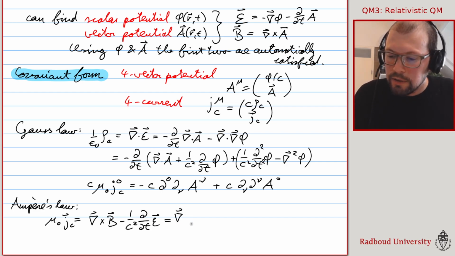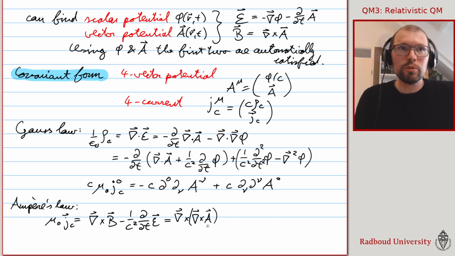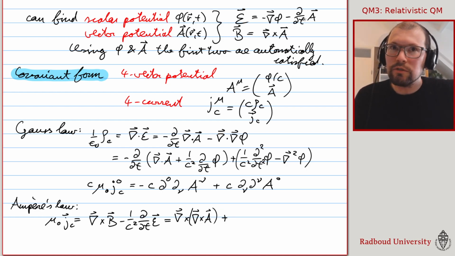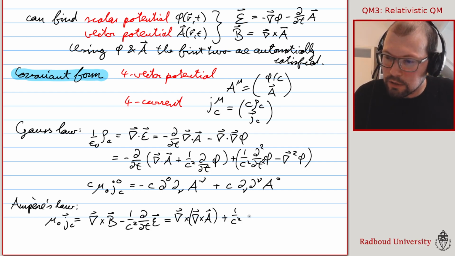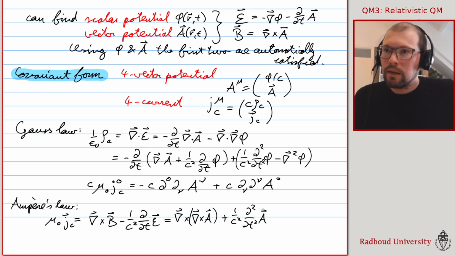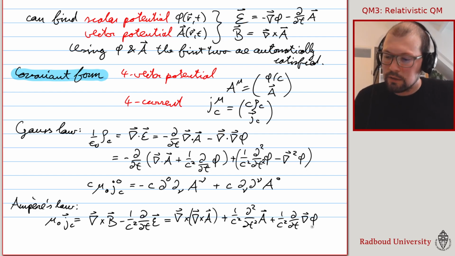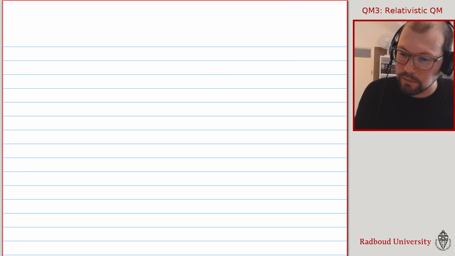Now we have the curl of the curl of the vector potential plus 1 over c squared d squared by dt squared of the vector potential, and then a time derivative of the gradient of the scalar potential. Sorry.